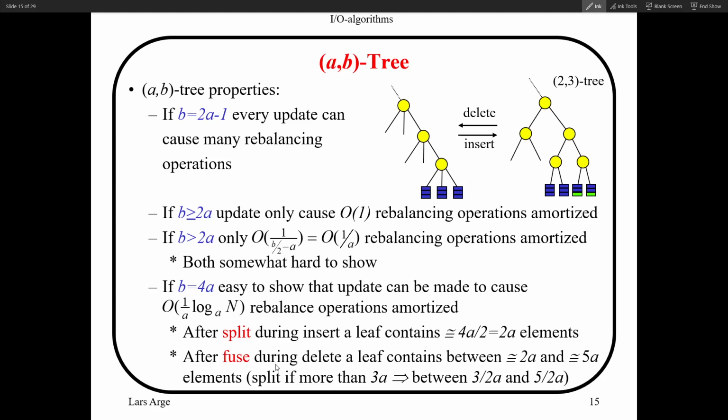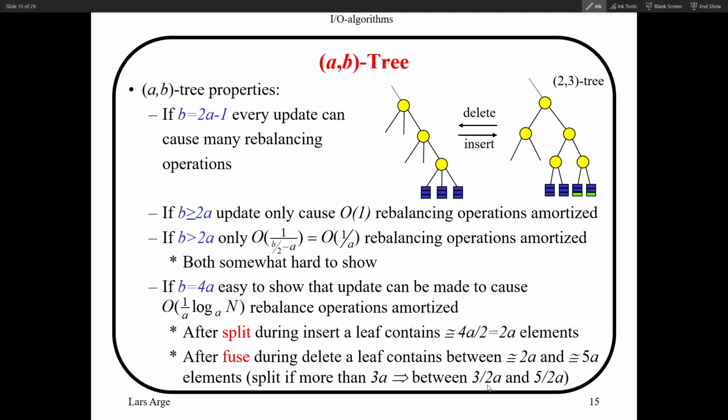So the whole point is that both split and fuse will end up in a situation where you have a node that has a number of elements that is quite far from the extreme. It is roughly plus or minus A, or a constant factor times A, away from the boundary case.